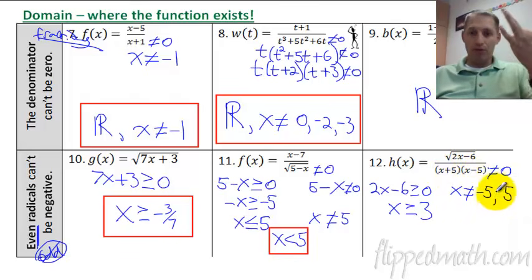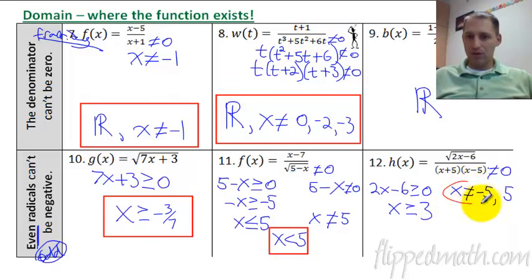So let's take all three of those. It's got to be greater than or equal to 3, it can't be negative 5, and it can't be 5. So what in the world's going on here? This negative 5, we completely ignore, that it can't be negative 5. It doesn't matter because we already know that x has to be greater than or equal to 3.